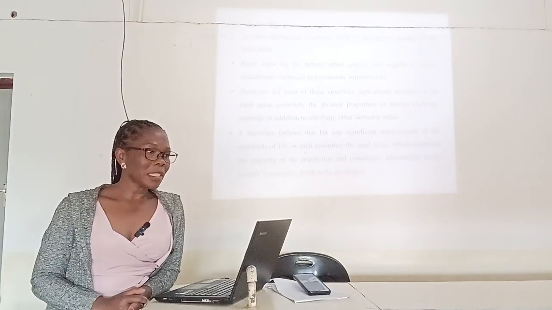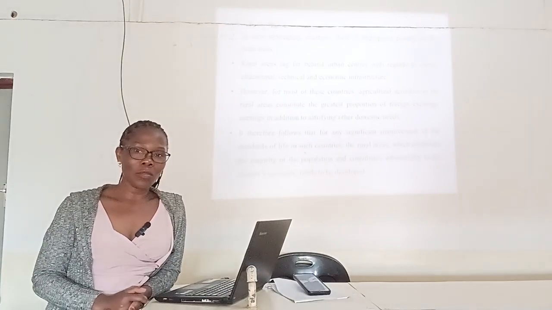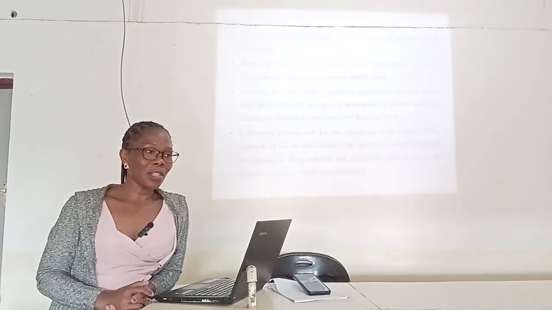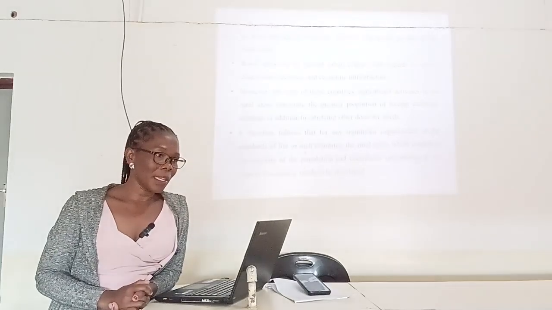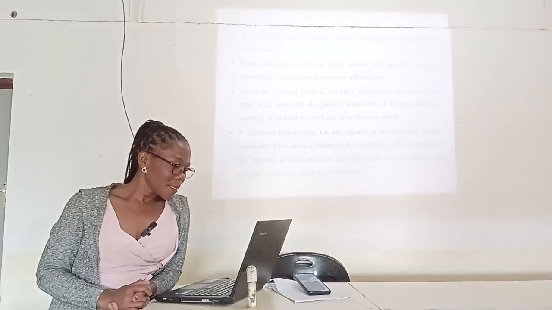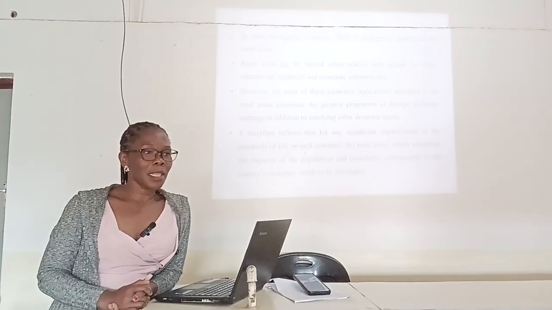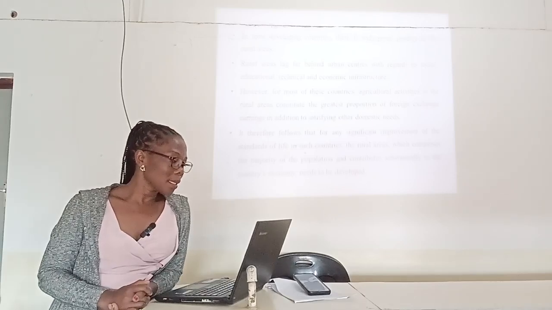They lag behind if you look at educational levels, or school enrollment. If you look at school dropout, you realize most of the children who drop out of school are in the rural areas. So there are a lot of issues in the rural areas that necessitate rural development.